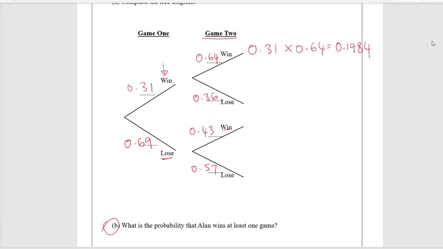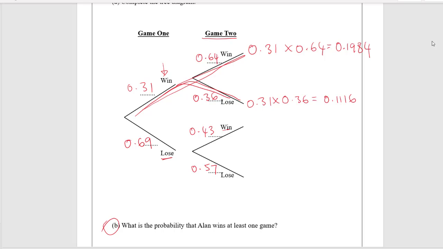Okay, so let's carry on working out the other branches. So win and lose, 0.31. We multiply along the branches, so that was the first 2 multiplied, now it's these 2. 0.31 times 0.36 gives us 0.1116.